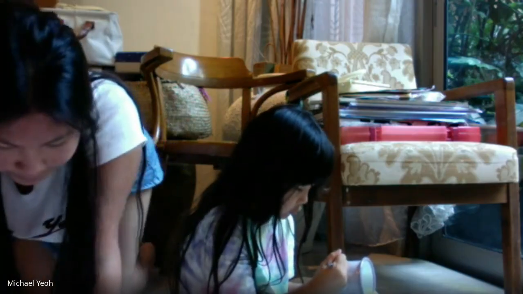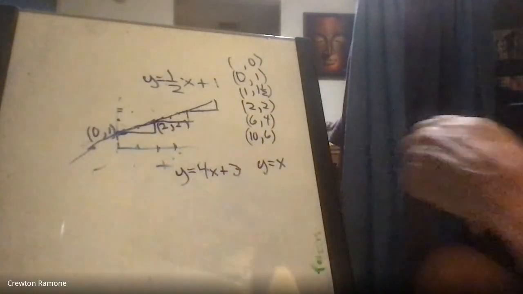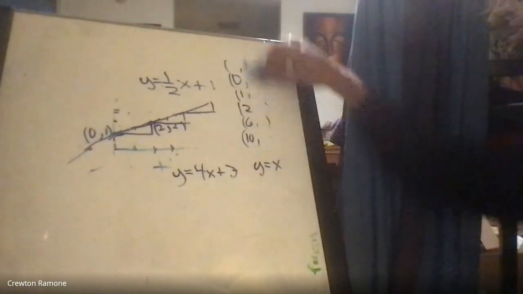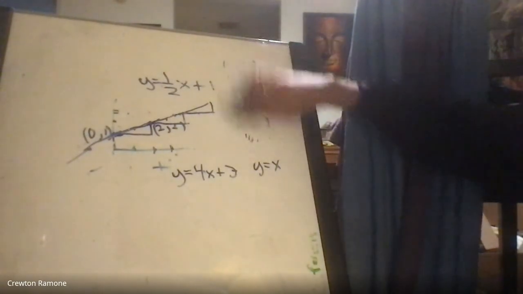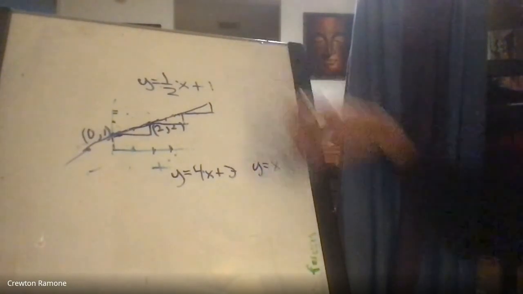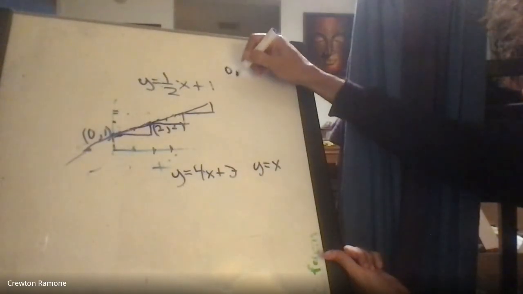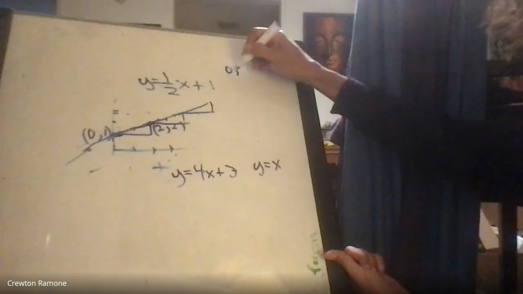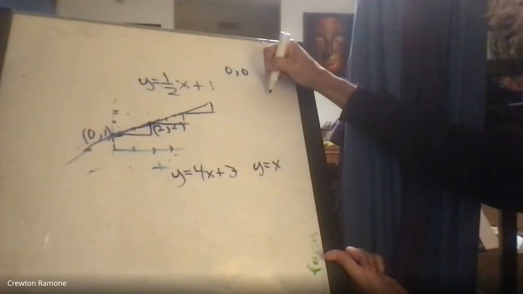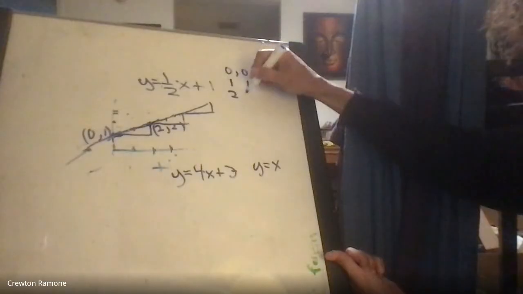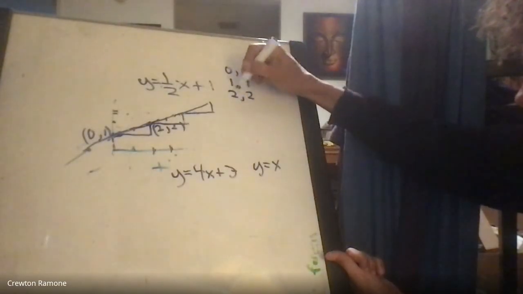So in other words, if I was going to have y equal to x, that would mean that when I had my ordered pairs, they would always be the same, right? So if y was 0, x would be 0. If x was 1, y would be 1. If x was 2, y would be 2. What would that line look like?